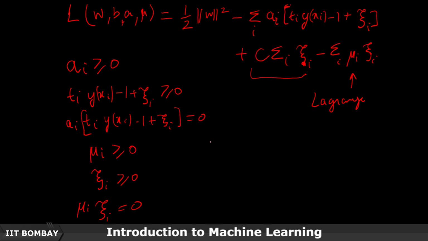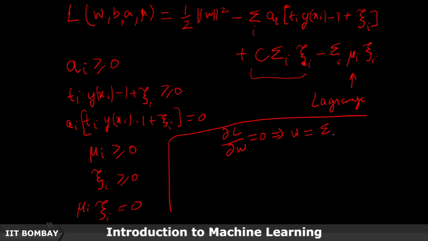So similarly to before, we will have del L by del W equal to 0, and that will imply that W is equal to the sum over I of Ai Ti Xi. Then del L by del B equal to 0 will imply that the sum of Ai Ti is equal to 0.